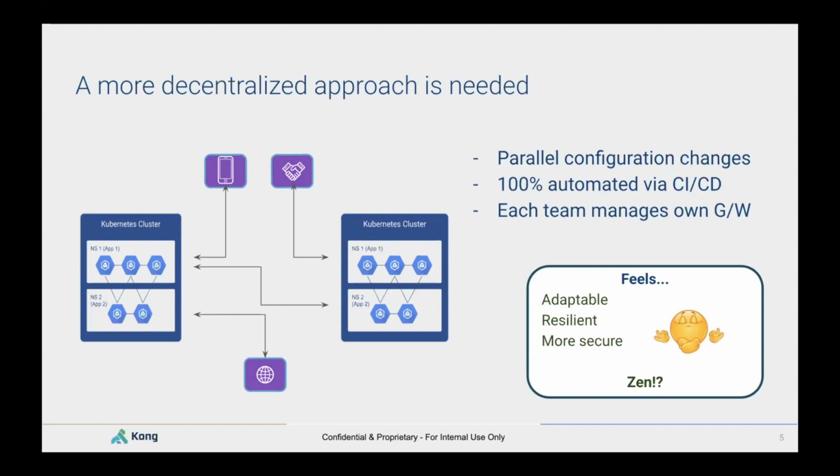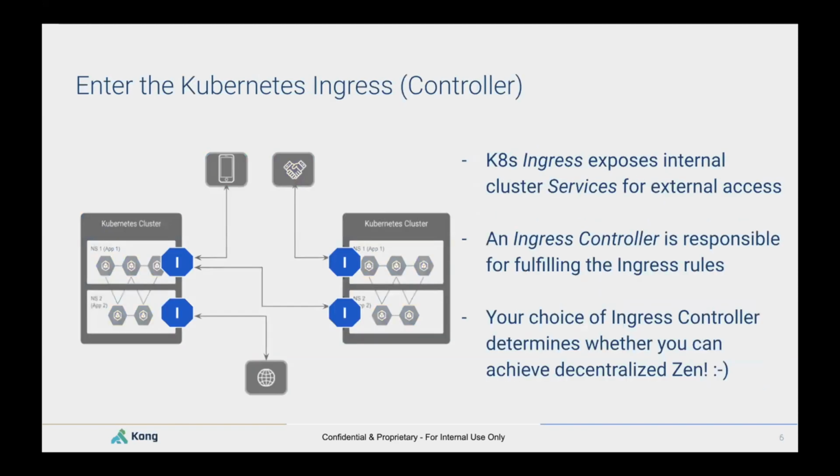So you have a more adaptable environment where everyone can go at their own pace, a more resilient environment because everybody is able to have those capabilities done right away as changes occur, and therefore more secure as well. In general, a more zen world of service management. What if you could do that?